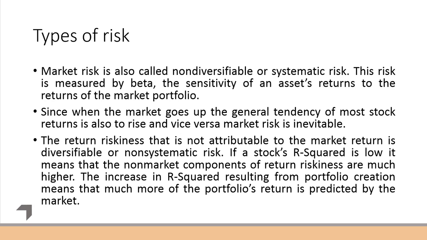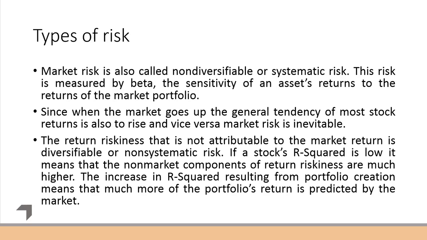Now here we need to talk about the types of risk. Market risk is also called non-diversifiable or systematic risk. This risk is measured by beta, the sensitivity of an asset's returns to the returns of the market portfolio.